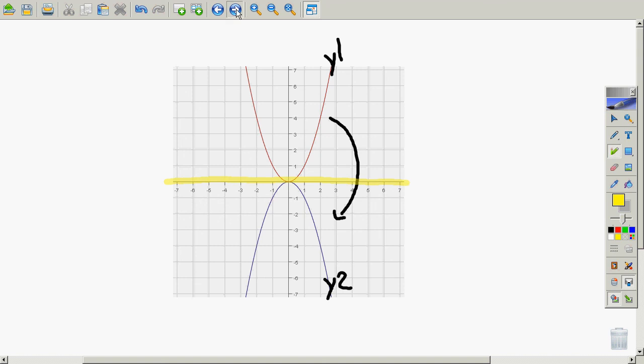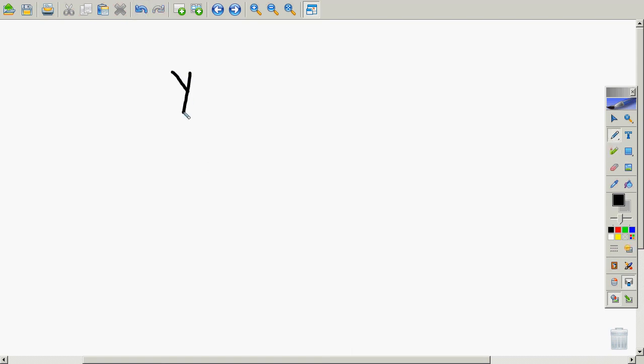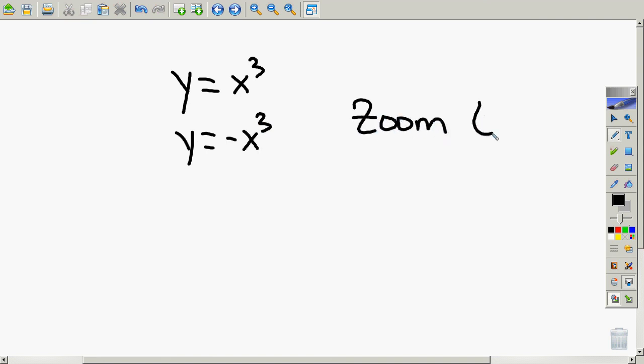Okay, let's do one last one here, and maybe you can even figure out what it's going to be. Let's say y is x to the third, and y equals negative x to the third. And go ahead and graph that with a zoom 6.